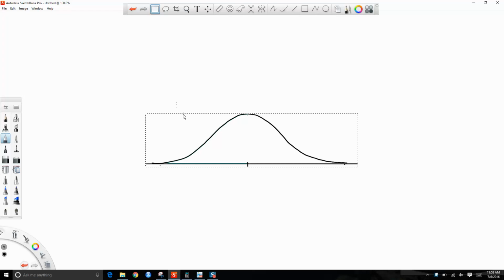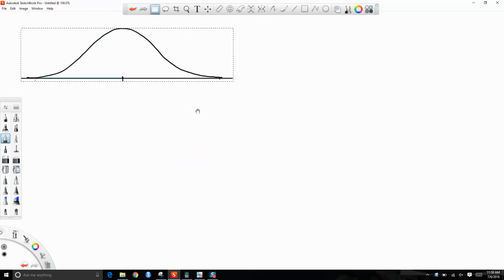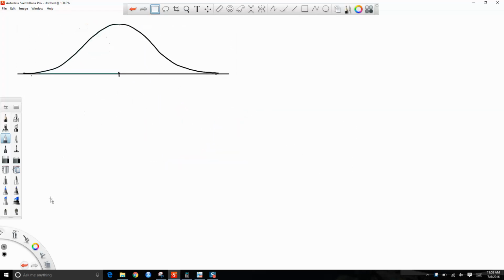Just see if you guys can figure out, using your tables, see if you can come up with answers for the shaded areas here.